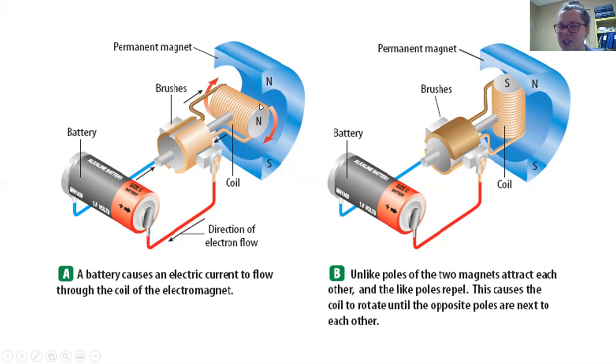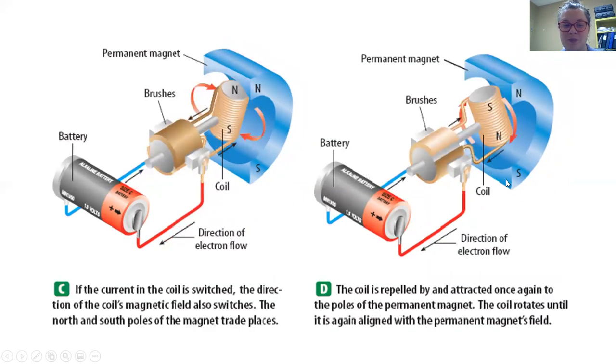But yeah, so as this turns, as the current causes the magnet to change its poles, you'll have this shaft turn. And as that shaft turns, that causes other things to turn, which allows us to take electrical energy and convert it to mechanical energy. Okay, and this gives you your little textbook explanation.